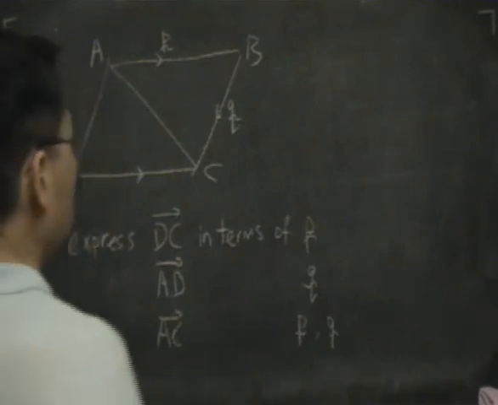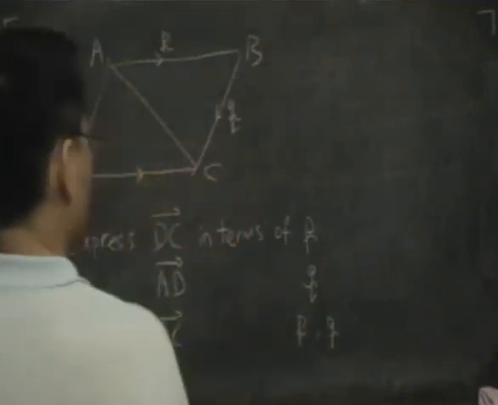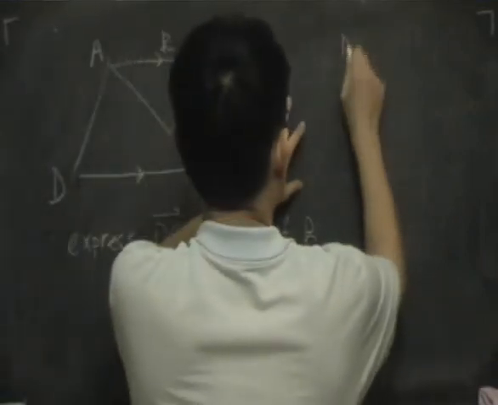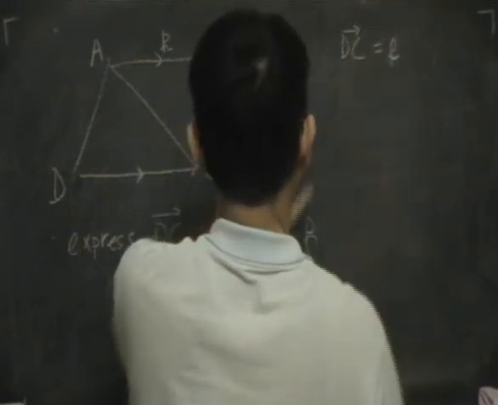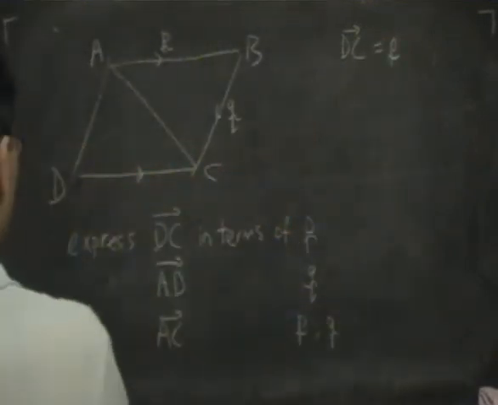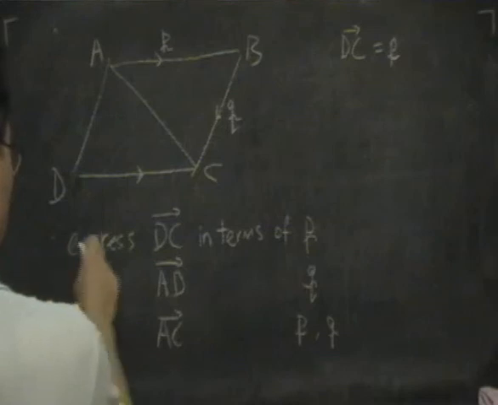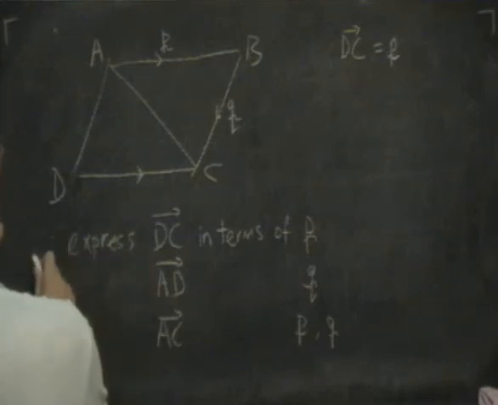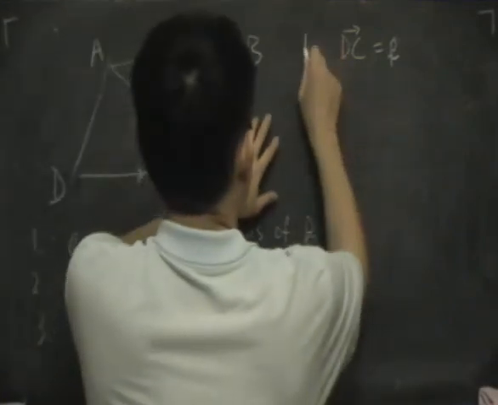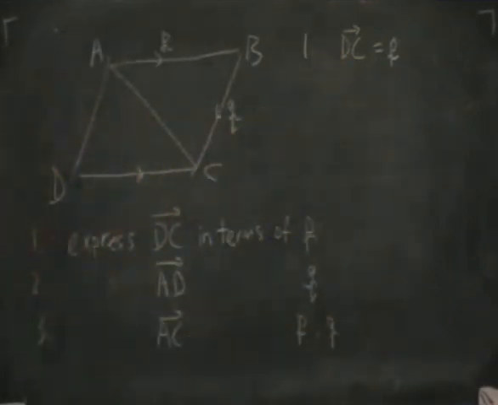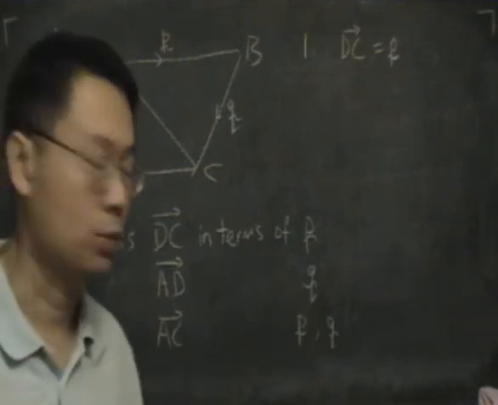So therefore, DC is equal to P. Let me give these different parts of the question some numbers: question 1, question 2 and question 3. So that's the answer for question 1. DC equals P. That's quite simple.